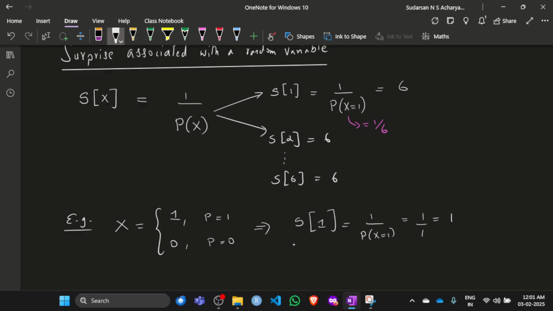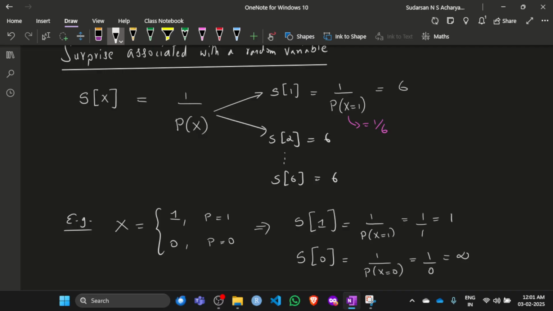That's fine. We'll build towards that. How about the surprise associated with the coin showing up tails? So that'll be 1 divided by the probability that x is equal to 0, right? So somehow this is a little counterintuitive because the probability that x is equal to 0 is equal to 0.